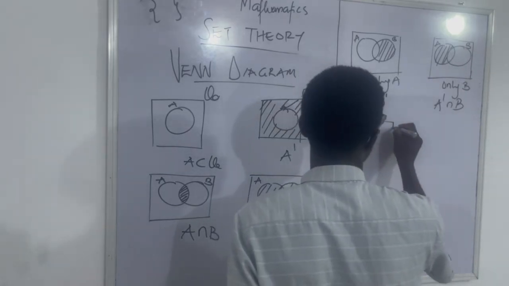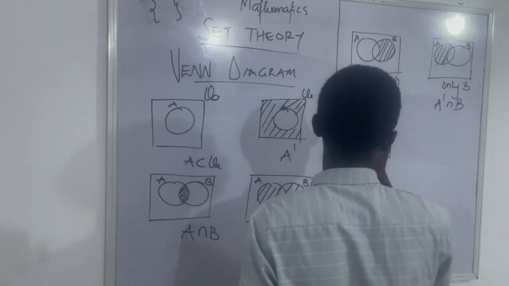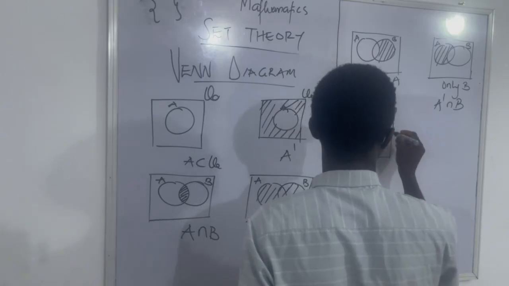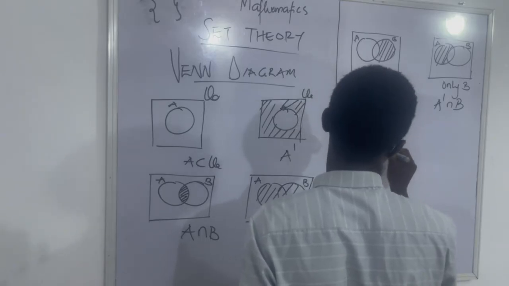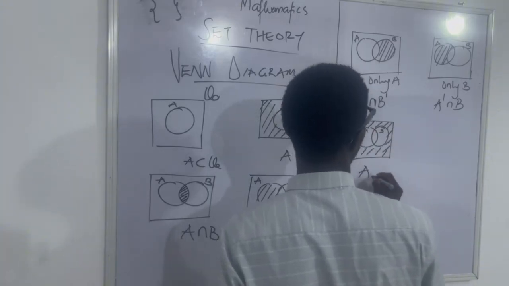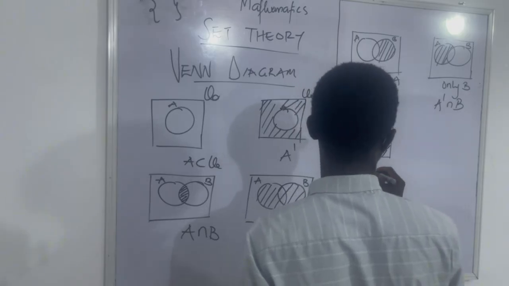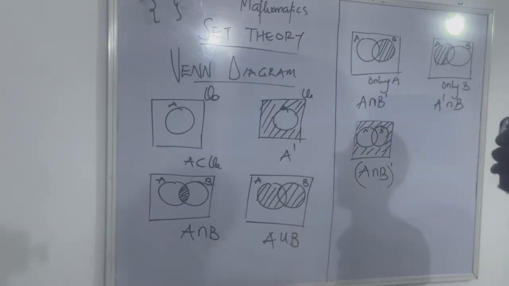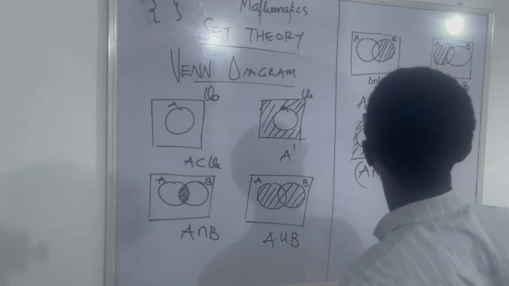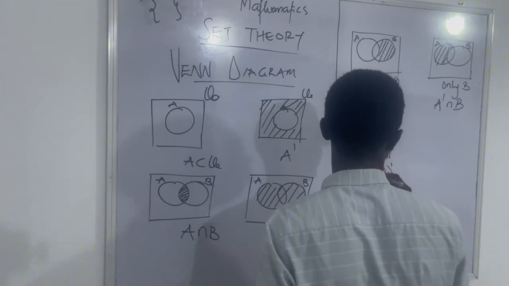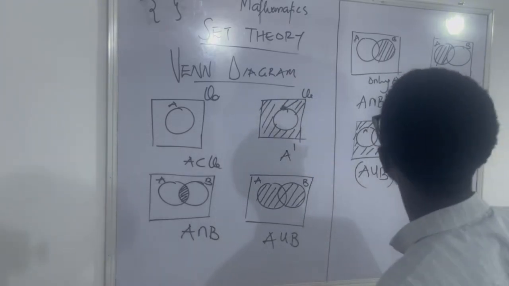So this is A, this is B. This is A intersection B complement. Are we together? So that's A union B complement, because this one is A union B complement. Are we together?